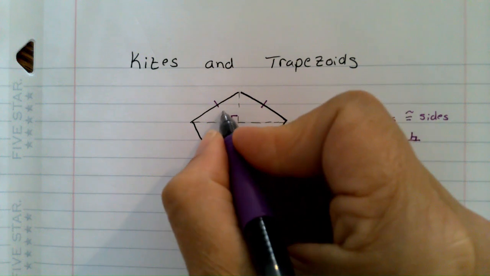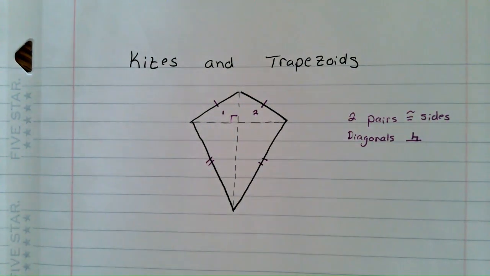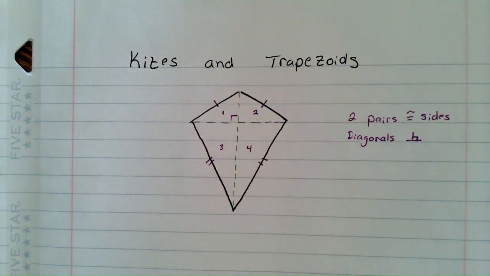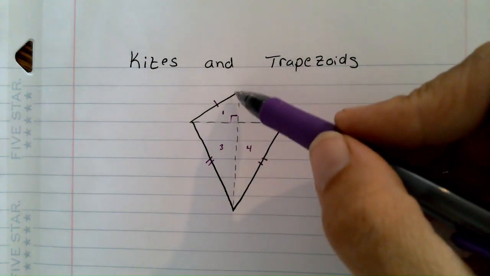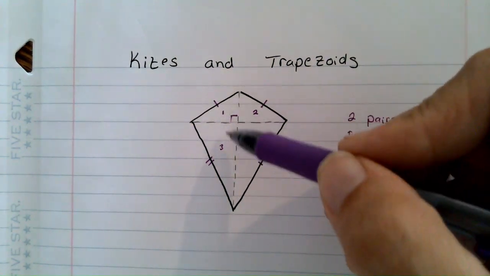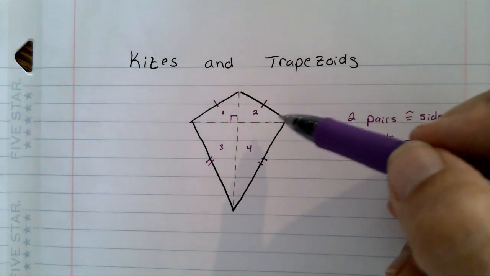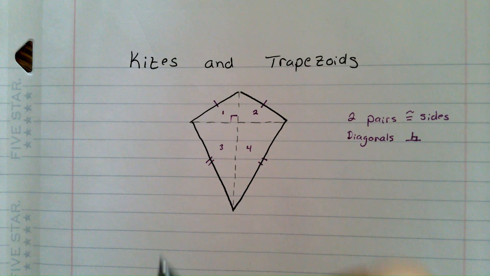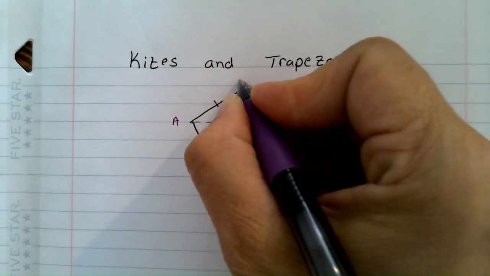Like triangle 1 is going to be congruent to triangle 2, and you can go through that, they share that leg, hypotenuse matches, so corresponding parts of congruent triangles are congruent. And triangle 3 and triangle 4 are also going to be congruent. That also means the big triangle on the left, when you put 1 and 3 together, is going to be congruent to the big triangle on the right when you put 2 and 4 together. Okay, so let's go ahead and name these vertices.